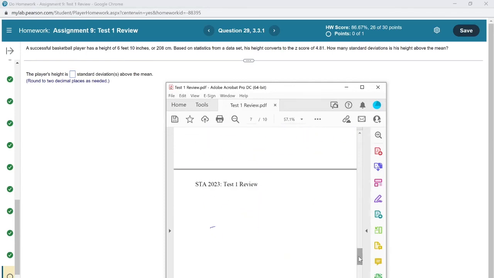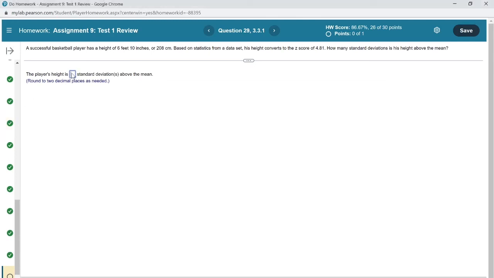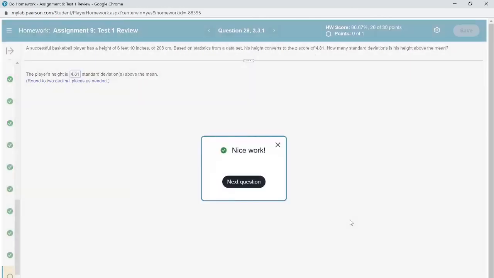So if you multiply both sides by the standard deviation, the difference between the data and the mean is the z-score times the standard deviation. So to answer this question, you just have to say this is the z-score, 4.81, times the standard deviation. So 4.81 standard deviations above the mean.